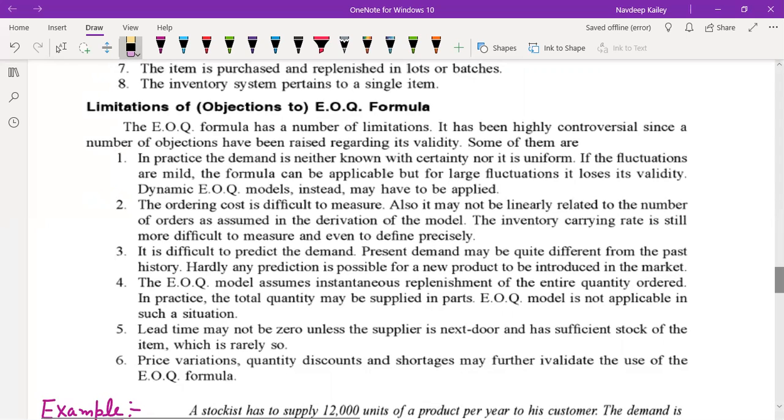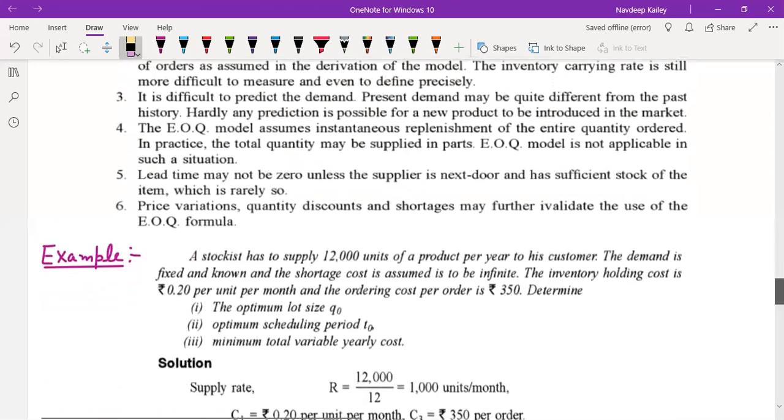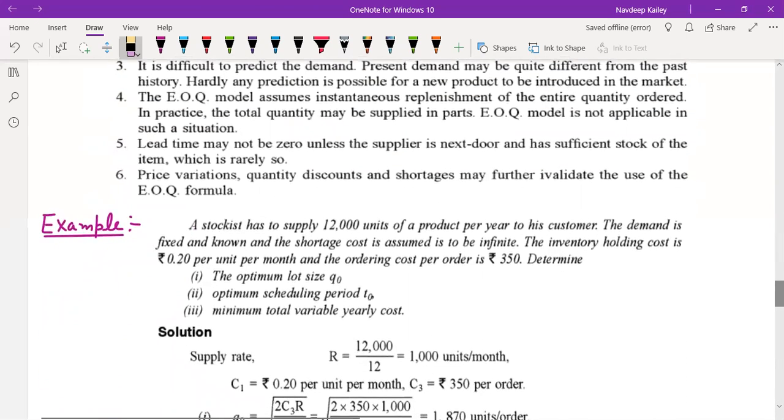Now we will clarify this classical economic order quantity model, in which demand rate is uniform and replenishment rate is infinite, with the help of some examples. The first example: a stockist has to supply 12,000 units of a product per year to his customer.